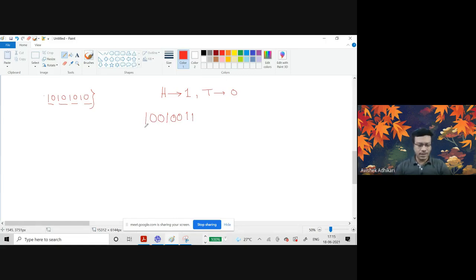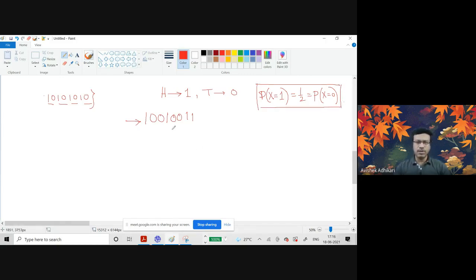So it's the output of a coin tossing event. If this coin is unbiased, that means if x is my random variable, and the probability of getting head, that is 1, is half, the same as the probability of getting 0, then we call this an unbiased coin.